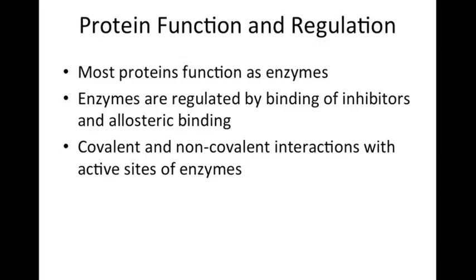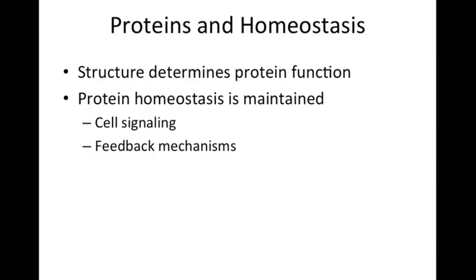And effectors may bind covalently or non-covalently, and this modifies the structure of the protein reversibly or irreversibly. Effectors that regulate activity by binding to the active site usually take the form of inhibitors that compete with the substrate for binding, and these can be competitive, non-competitive, or uncompetitive.